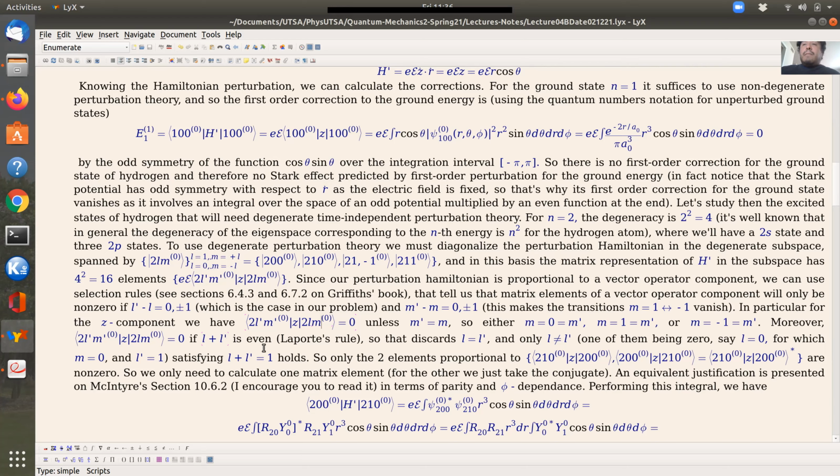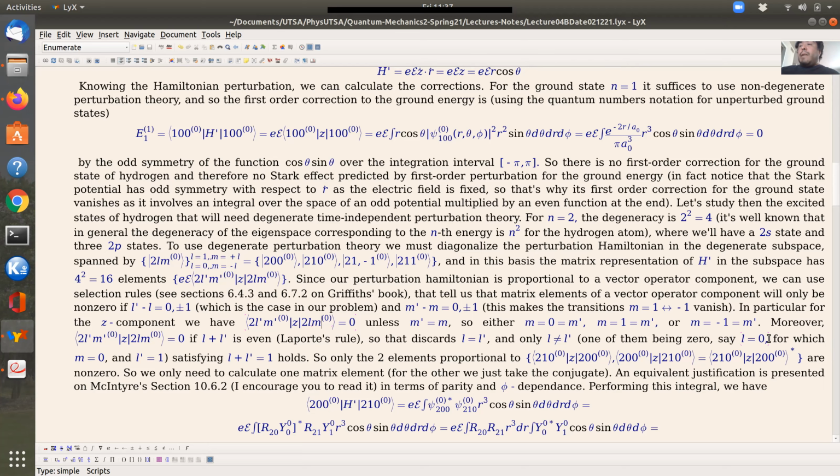That means that if you have L equal to L prime, this is going to vanish, because then of course you'll have an even number, 2L. Notice that for L we only have the possible choices 0 and 1, so they can only be different, and this means that one of them has to be 0 and the other has to be 1.